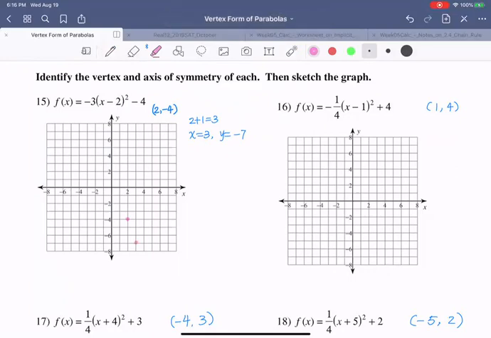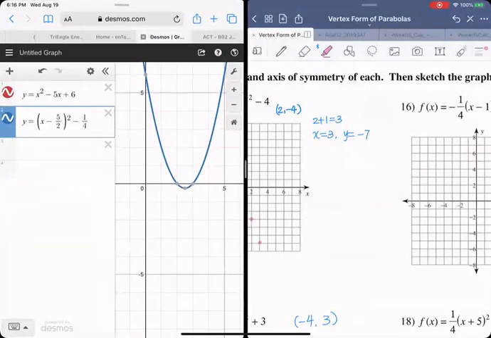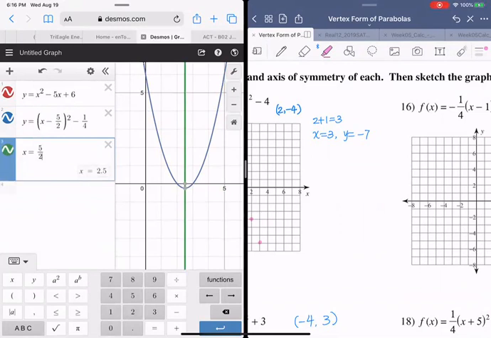And you notice that when we draw these graphs, the vertical line x equals 2 through the vertex is the axis of symmetry, right? On your left and on your right, it's the same.